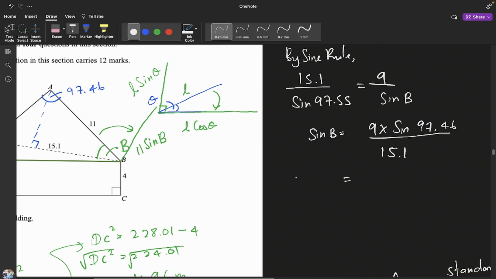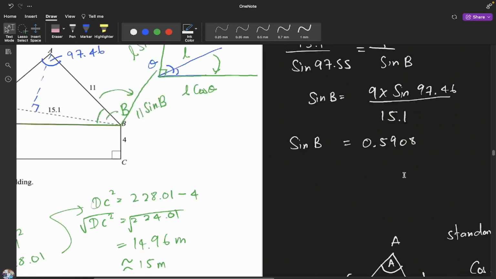So sine B is given as 0.5908. It's always advisable to use 4 digits after the decimal when you write sine values, because it's much easier if you use a log table as well.